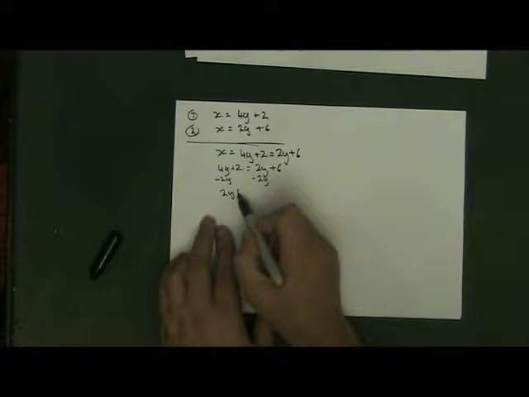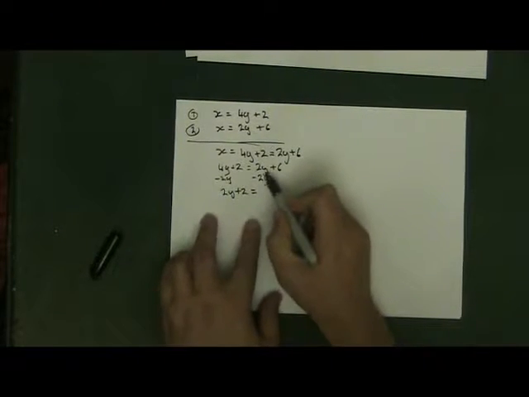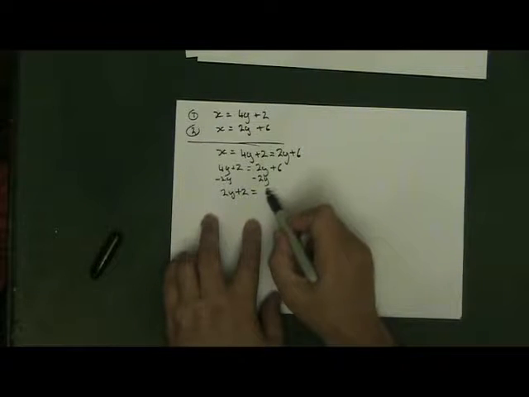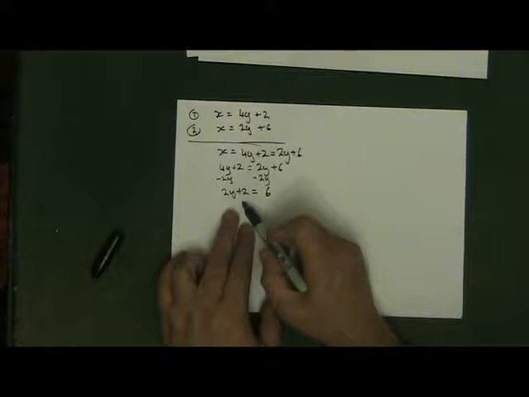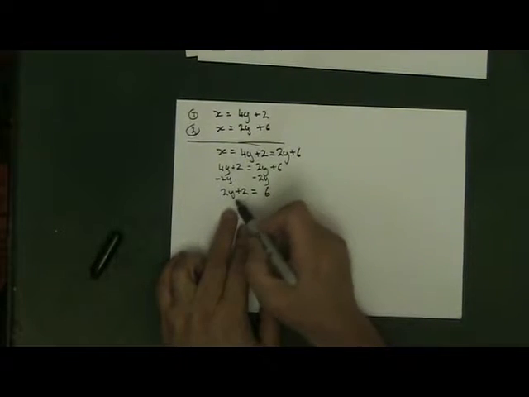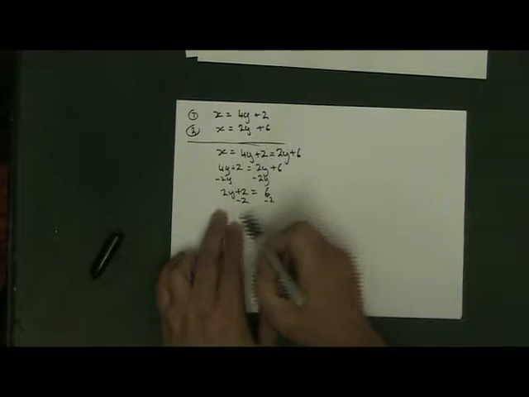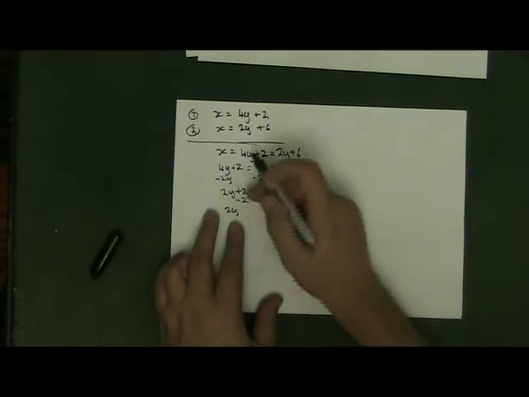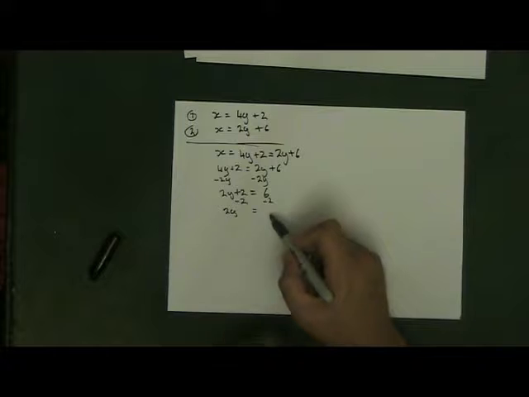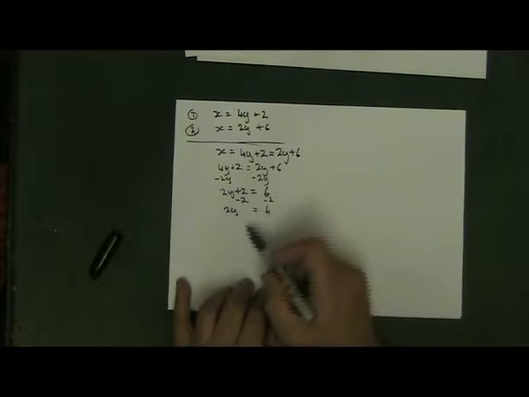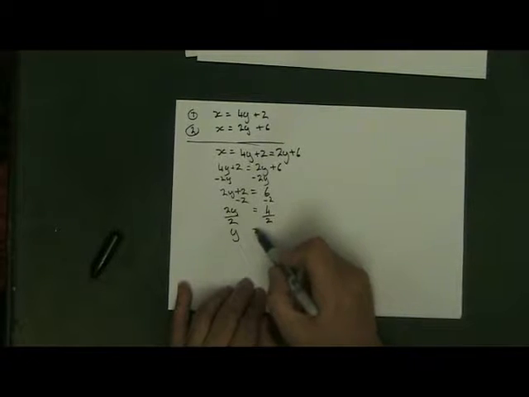So 2y plus 2 equals 6. And now I want everything that's not a y on the other side of the equation. So I'm going to subtract 2 from both sides, so 2y equals 4. Divide both sides by 2, y is equal to 2.